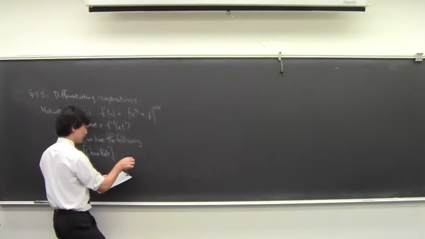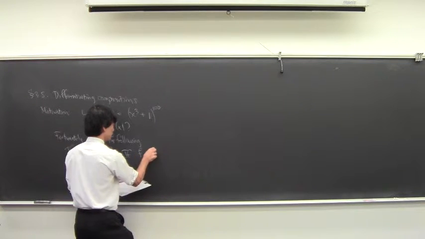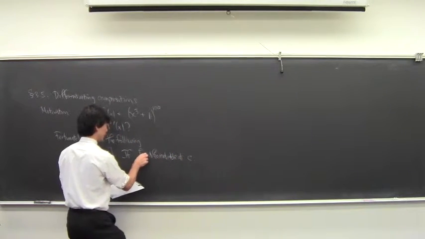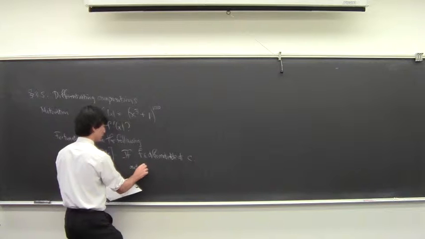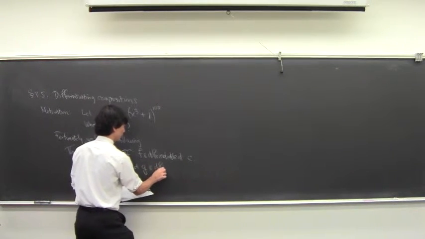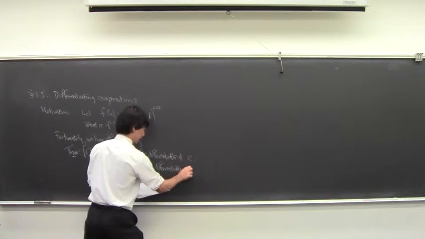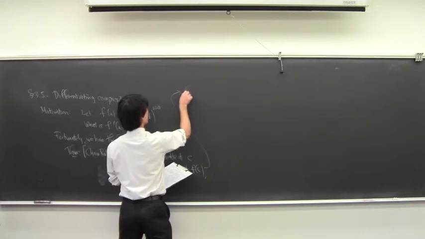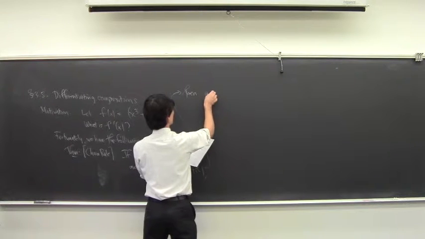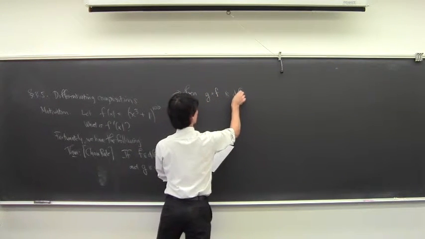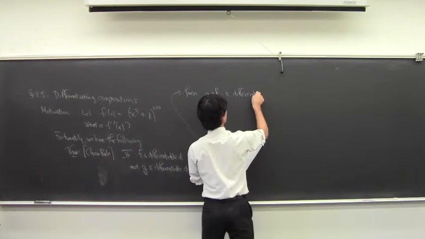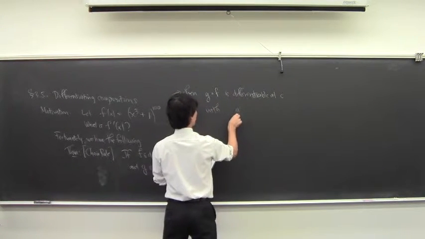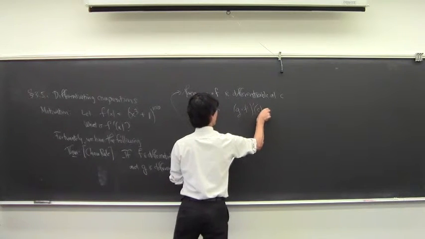It says the following: if f is differentiable at a point c, and g is differentiable at f of c, then g composed with f is differentiable at c, with the derivative of the composition equaling what?